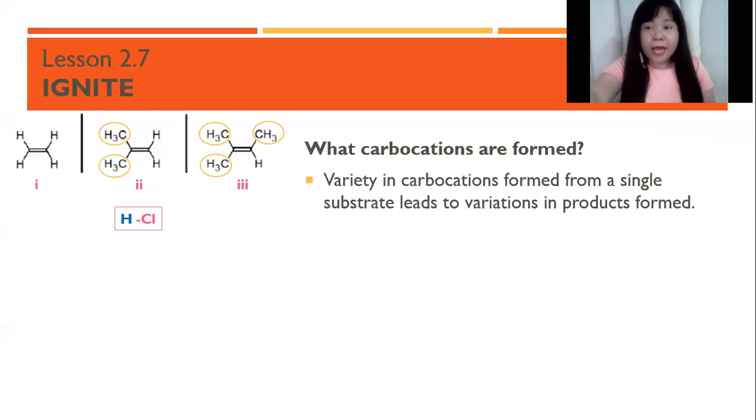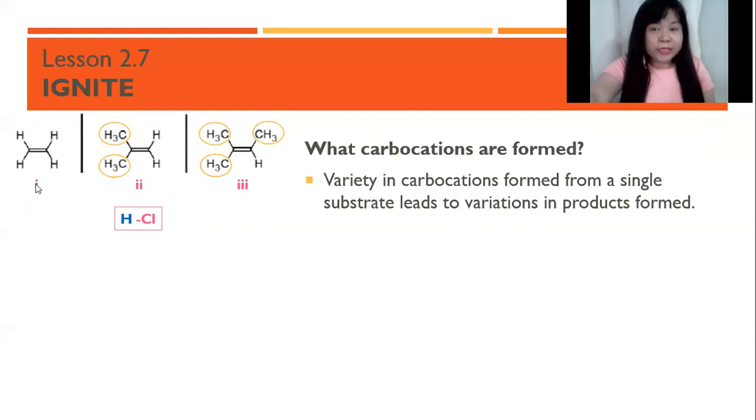The first step in the mechanism of electrophilic addition would be the attachment of the electrophilic moiety, in this case the H+, to the carbon, while the other carbon acquires a positive charge, thus making the intermediate a carbocation.